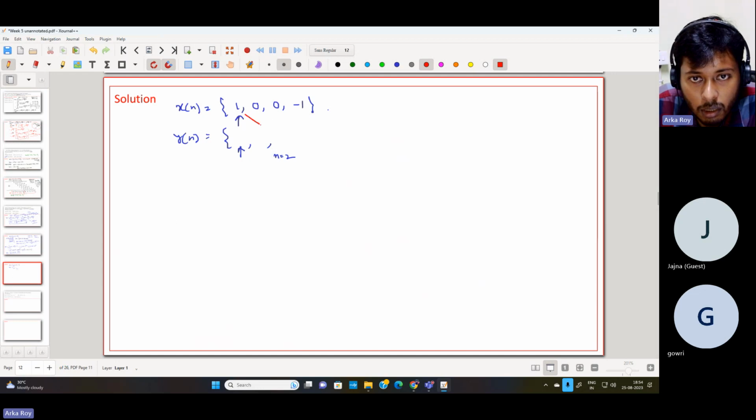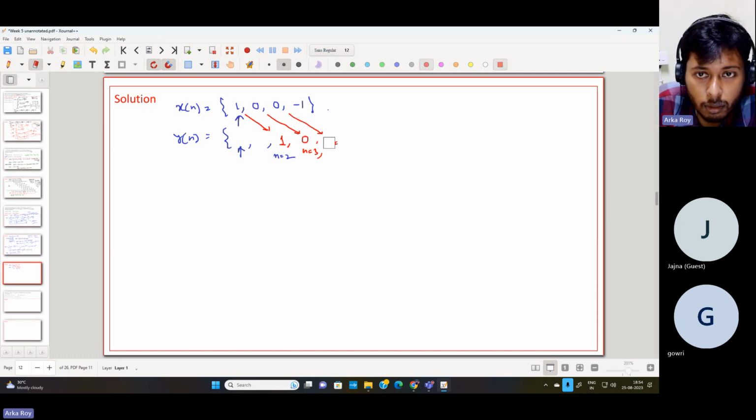So this will come over here. So this will be 1, and this will be shifted to here at n equals 3, and then at n equals 4, and this will be n equals 5, and this will be minus 1.